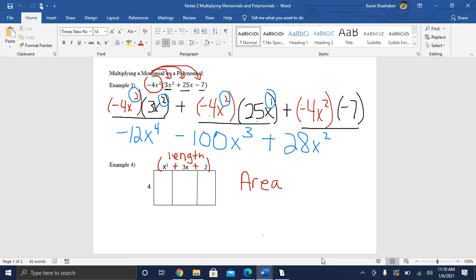And then we'll multiply that by this width, and that would give us the area of this rectangle. So the area equals the length multiplied by the width.